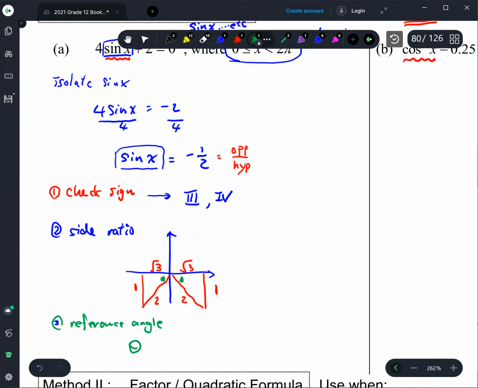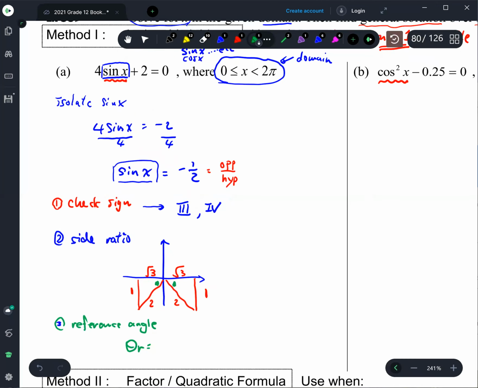Based on that picture, how big is our reference angle in radian? Make sure we're in radian. How do I know it's in radian? You look at the domain. Domain is 0 to 2 pi, so we know they want the answer in radian.